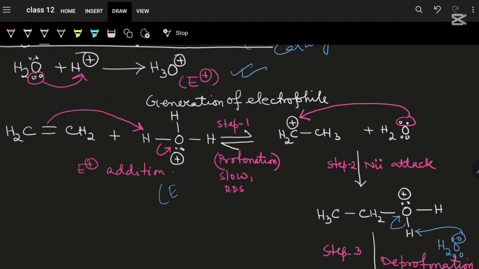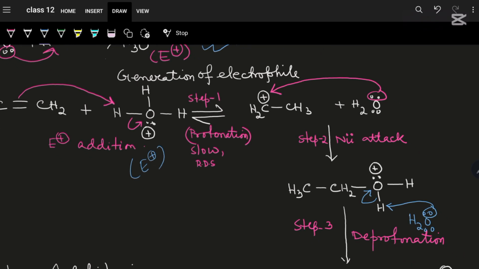This electrophile is abstracted by the pi cloud of the alkene, and the proton getting abstracted, you get CH2 plus and CH3. Now this center is the electrophilic center where the nucleophile H2O can attack.